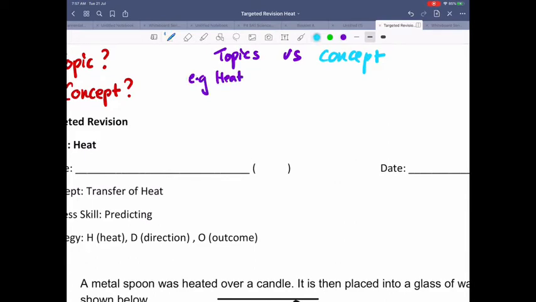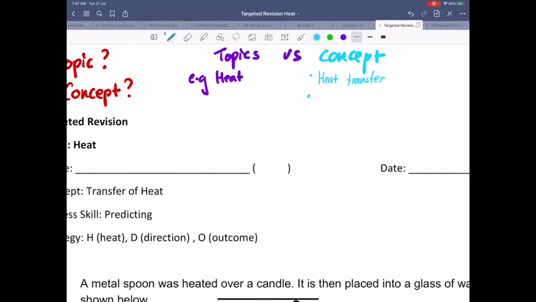So what is a concept? In the topic of heat, we have learned a few concepts. For example, we have talked about heat transfer, whereby heat always travels from a region of higher temperature to a region of lower temperature.